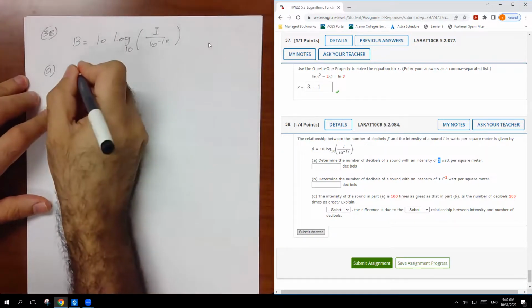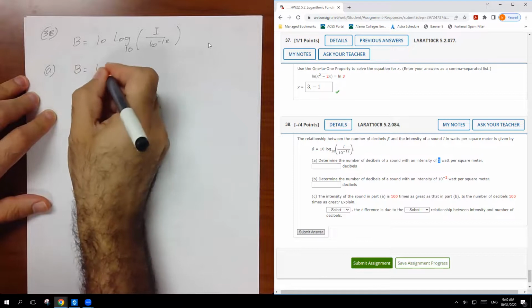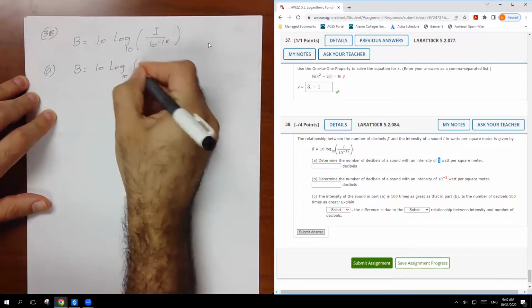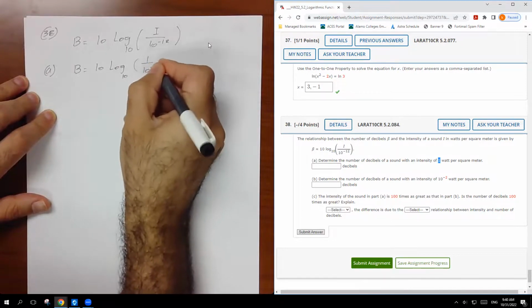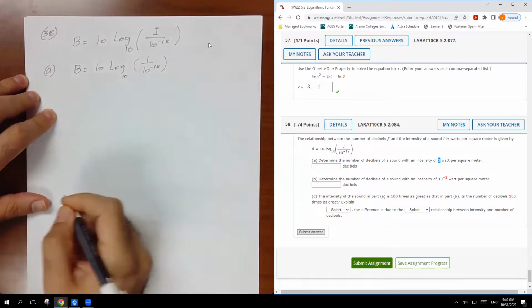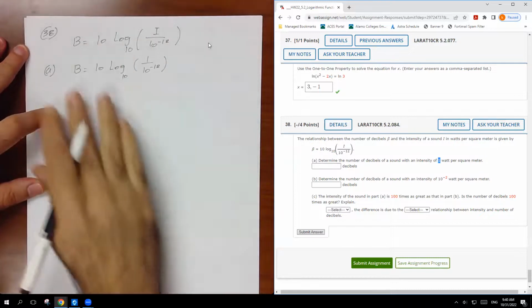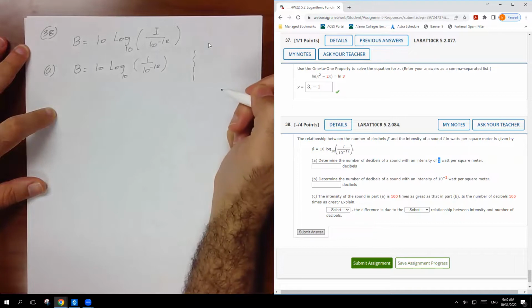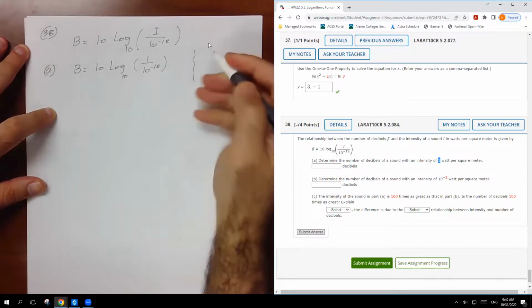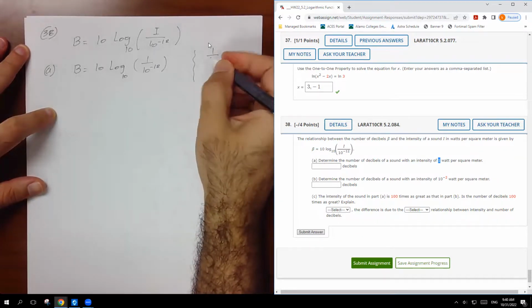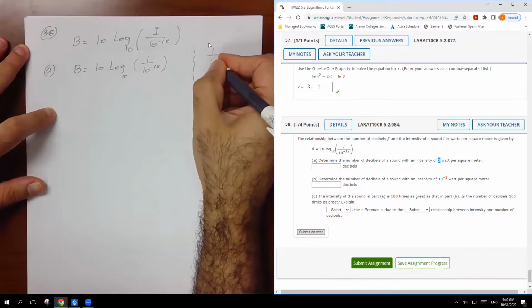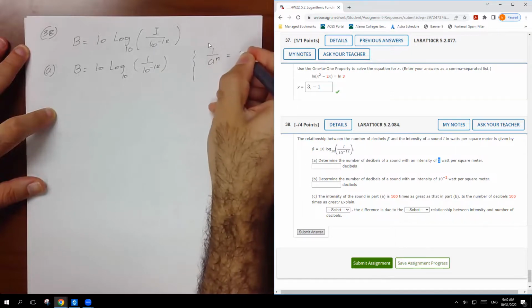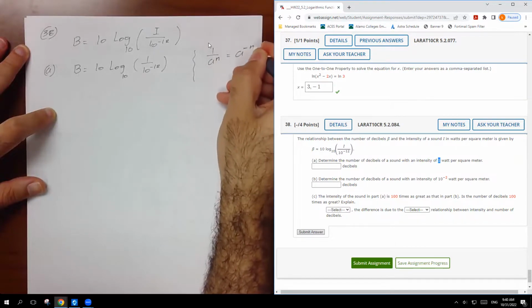That means B is going to be 10 log to the base 10 of 1 over 10 to the negative 12. You cannot plug everything in the calculator here, but there is a rule that says 1 over a number with positive exponents is the number with negative exponents.